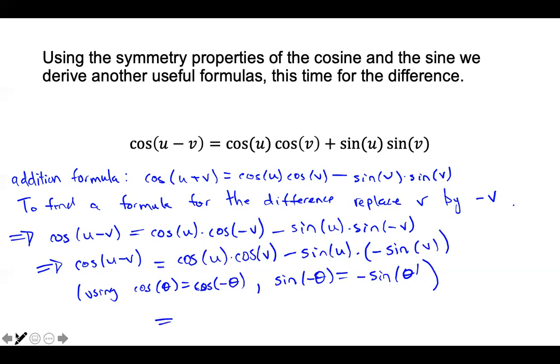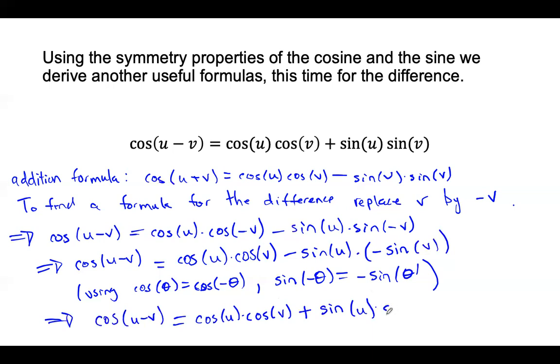So this implies cos of u minus v is equal to cos of u times cos of v plus, because there's a negative and a negative, plus sine of u times sine of v.